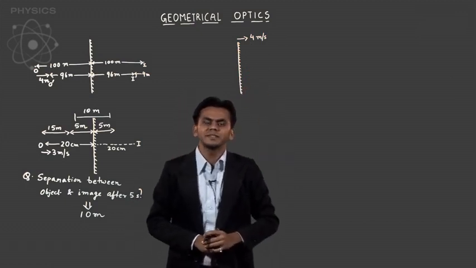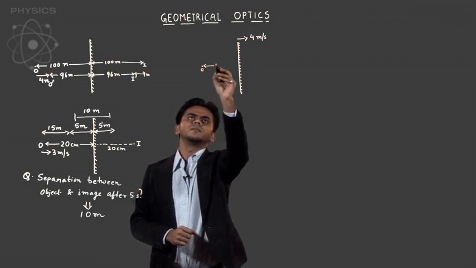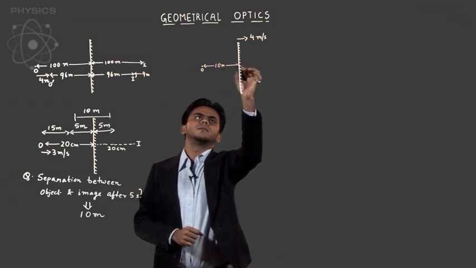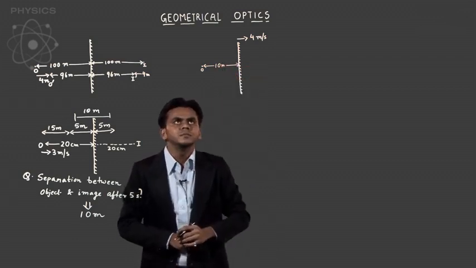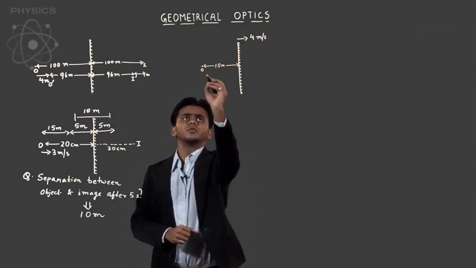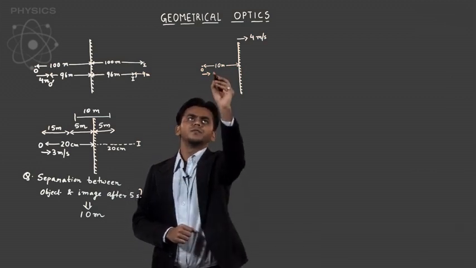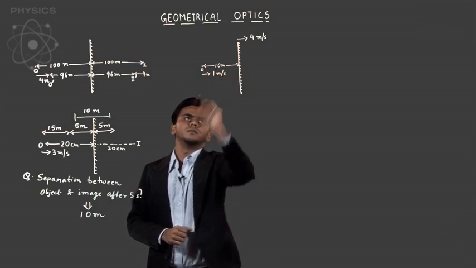Now the object is here, some 10 meters away from the plane mirror, and it's not at rest. Even this object is moving towards the mirror with 1 meter per second.